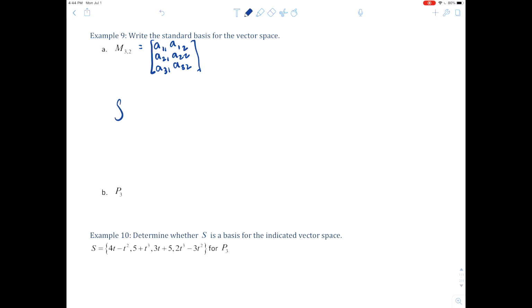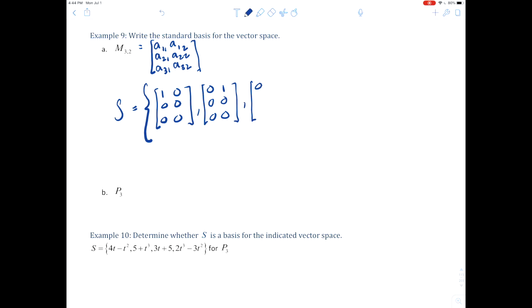So we'll say S for our standard basis would be, so 1, 0, 0, 0, 0, 0 was one of them, right? What do you think the next will be? Beautiful. We could do 0, 1, 0, 0, 0, 0. The order of these doesn't matter. And then after that, 0, 0, 1, 0, 0, 0.